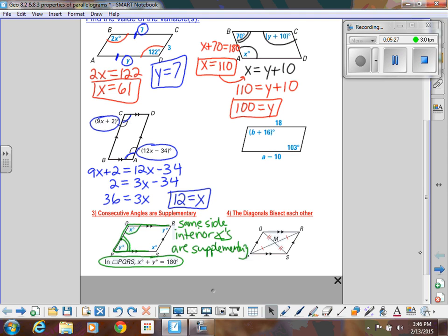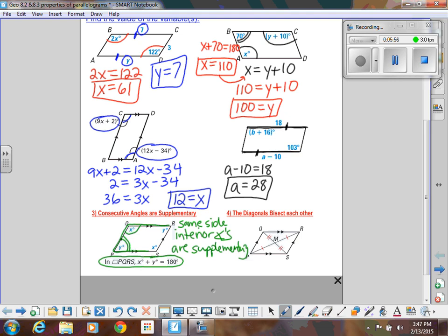X equals 12. Now in this last problem, we have two things we have to solve for, a and b. So a minus 10, that's this side right here, that's going to be congruent to the side across from it, the opposite side, the 18 side. So all I have to do is say a minus 10 is equal to 18. Then I add the 10 over to the other side, and I get a is equal to 28.